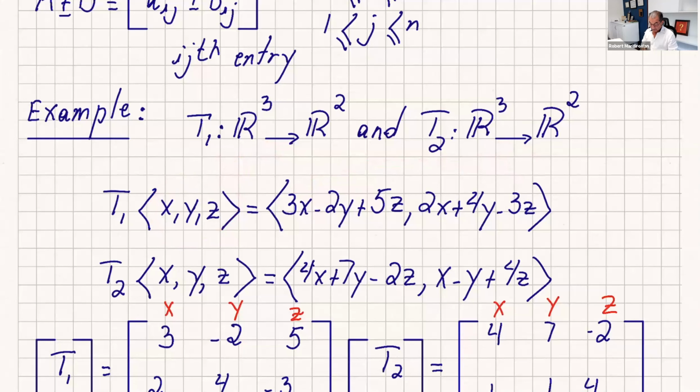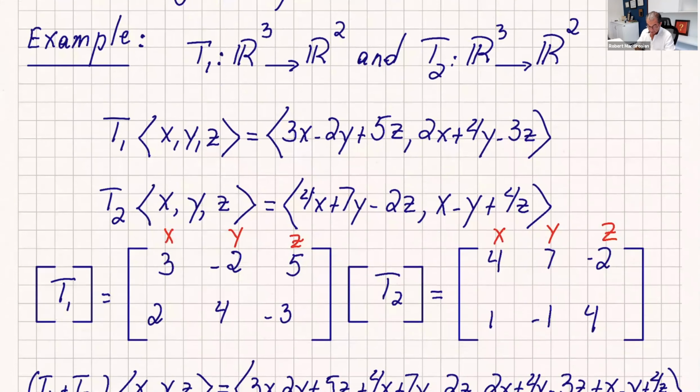The matrix for T1 is, you write the coefficients of x, which are 3, 2, the coefficients of y are negative 2 and 4, and so on.